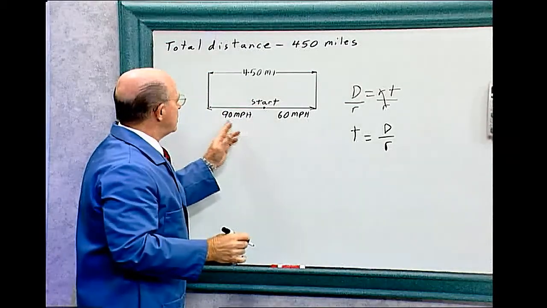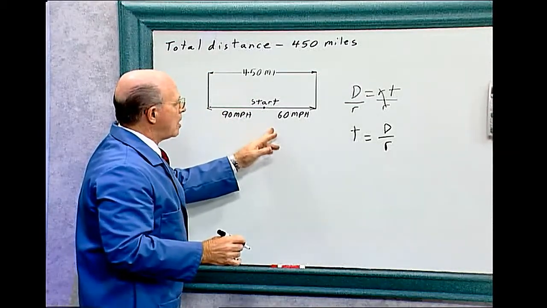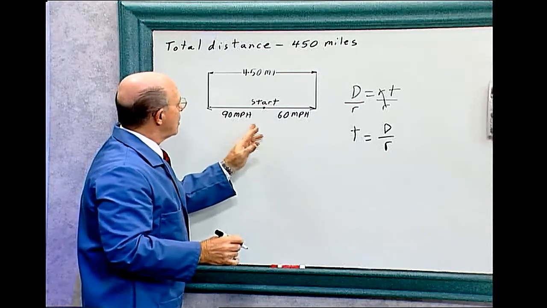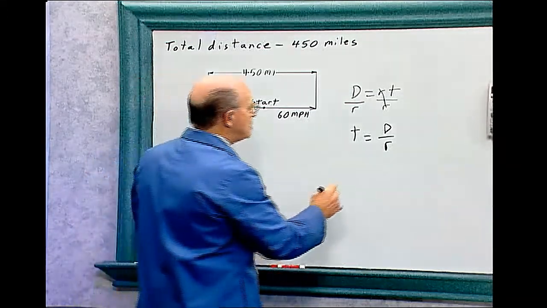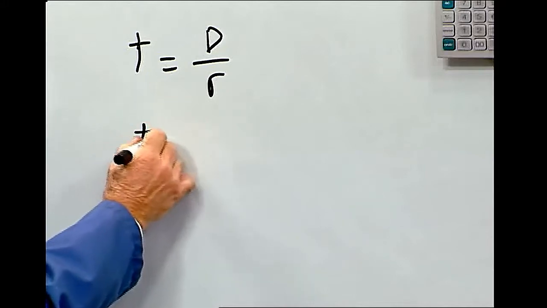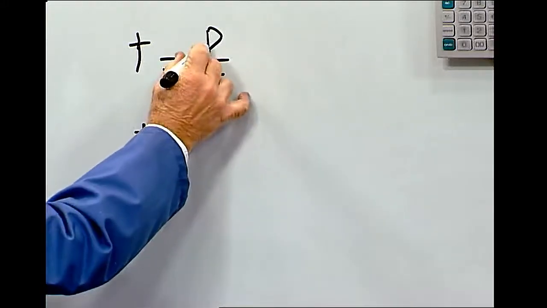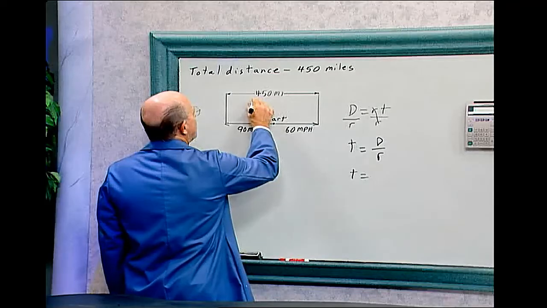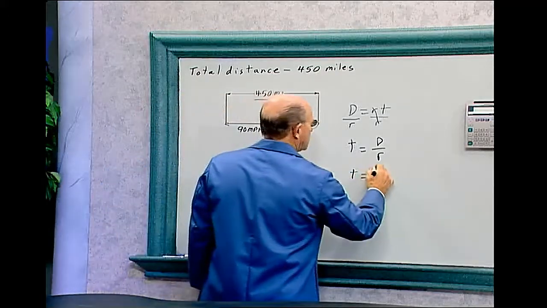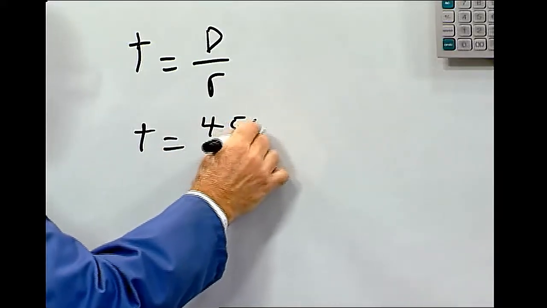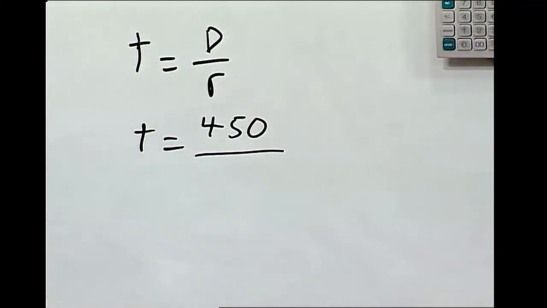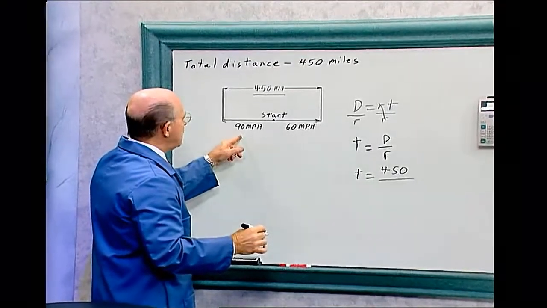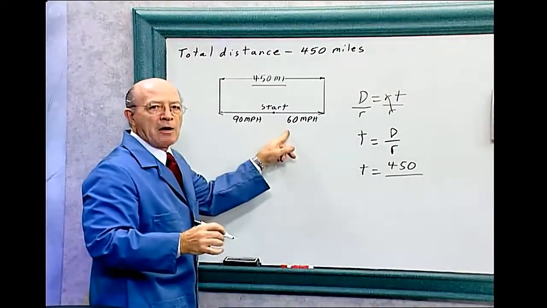And so they're traveling a total distance of 450 miles. So t equals, and the total distance is 450 miles. And the two trains are traveling 90 and 60 miles per hour.